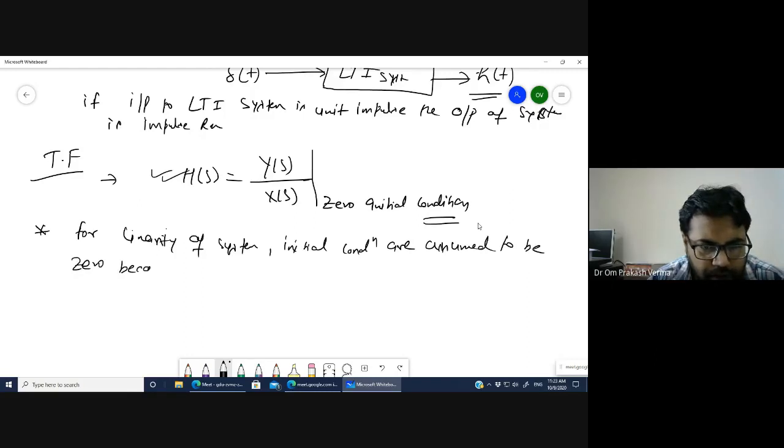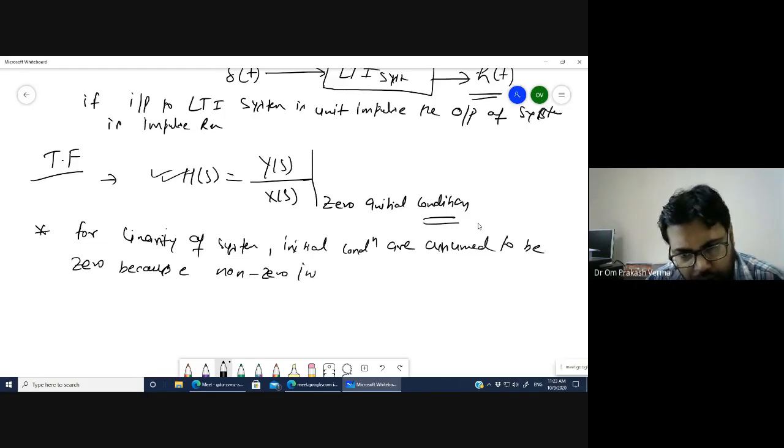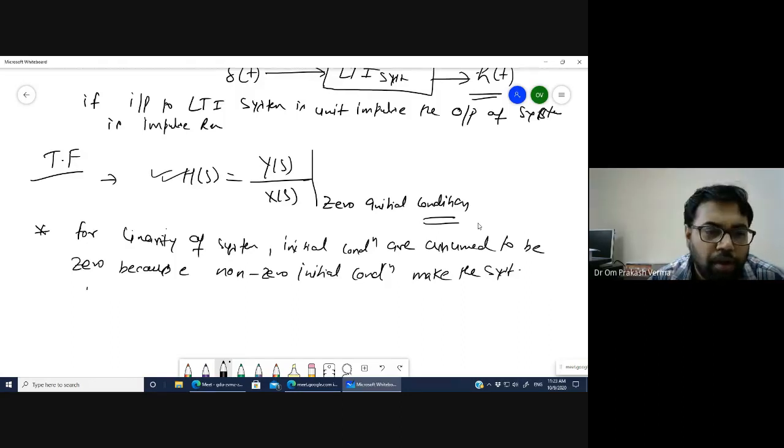Because why? Because non-zero initial conditions make the system what? Non-linear. Okay, so these are some points.